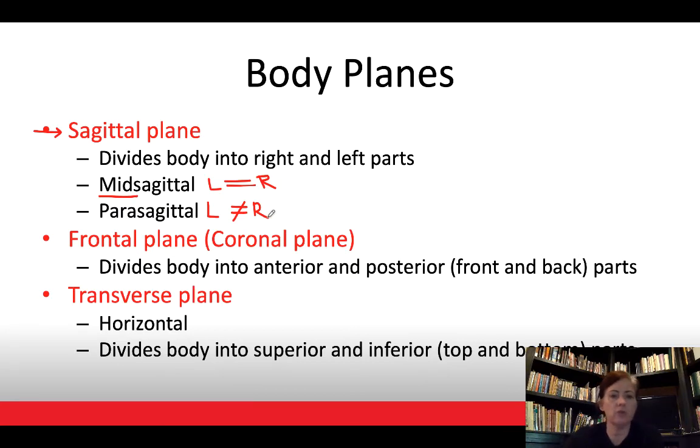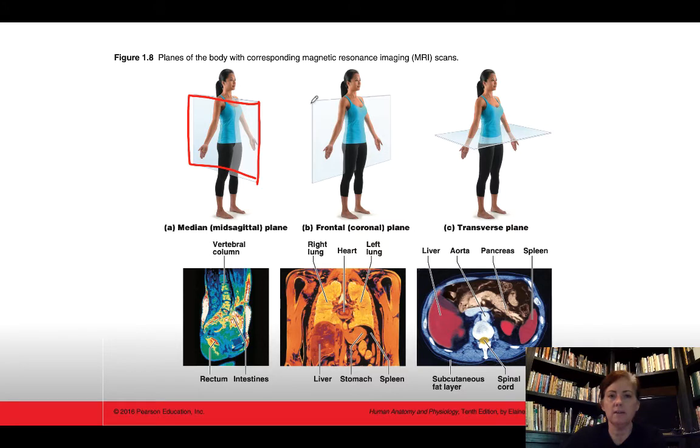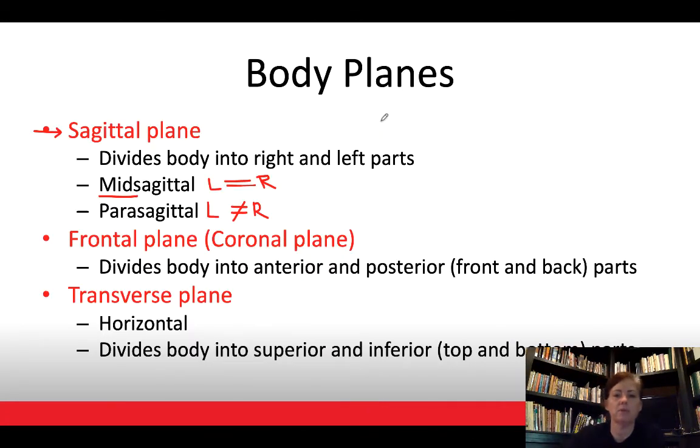The next one is the frontal plane. With the frontal plane, we've basically taken a cut through the person that is going to result in a front half, or an anterior and a posterior section of that person. So here's our frontal plane. We can also call that the coronal plane, and that divides the body into anterior and posterior parts.